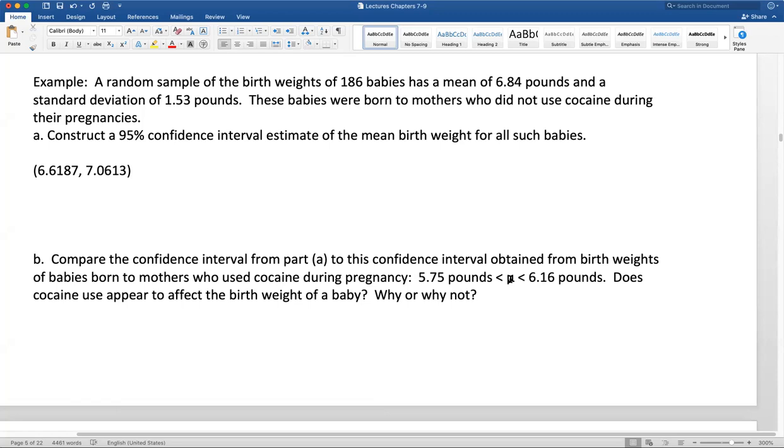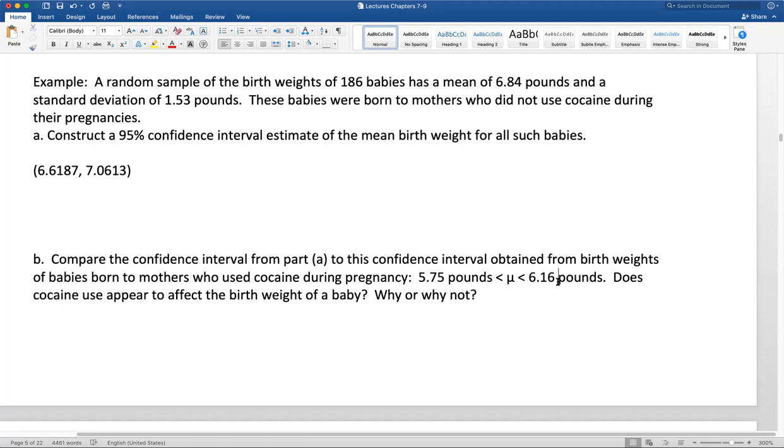See, mu is greater than 5.75 and less than 6.16. So you can see that those two confidence intervals do not have an overlapping part, right?